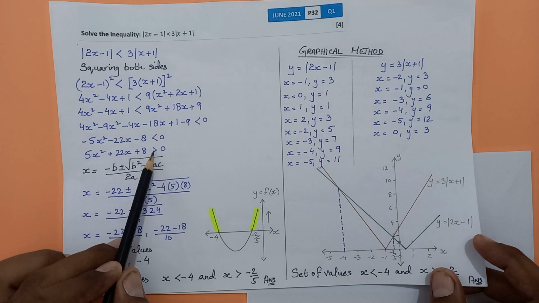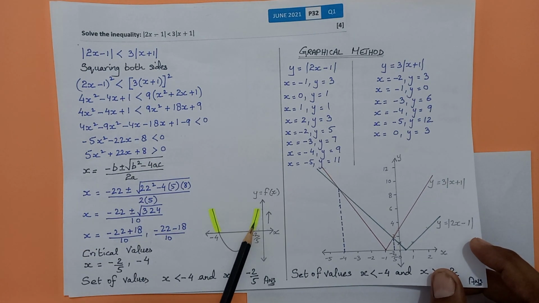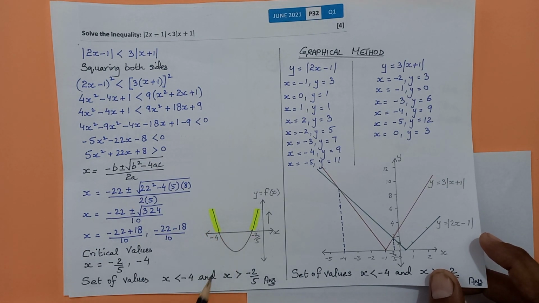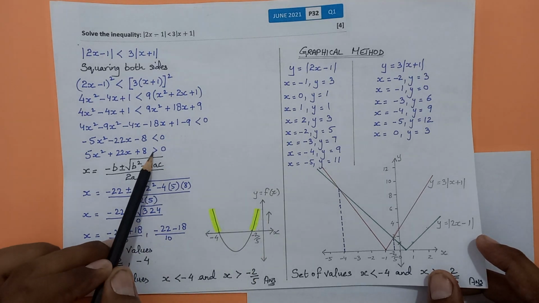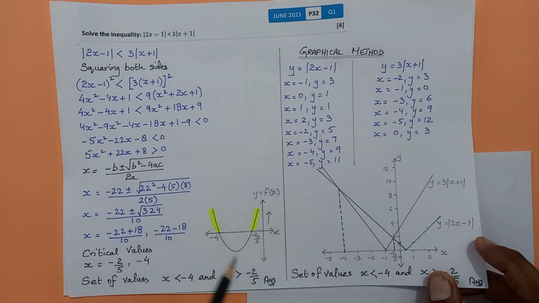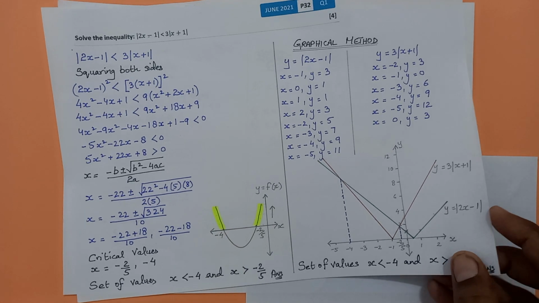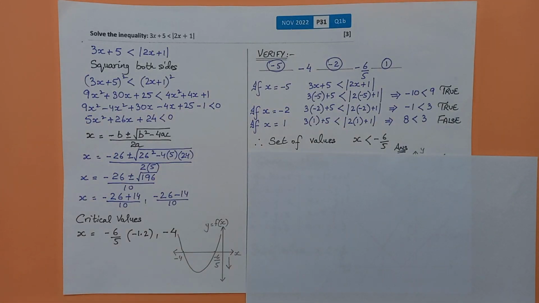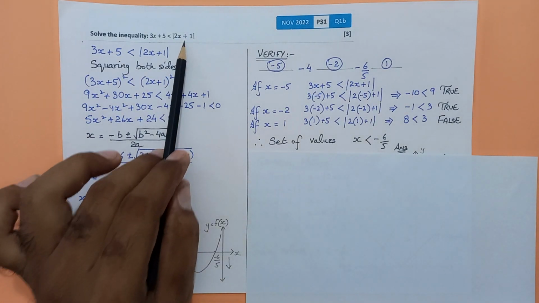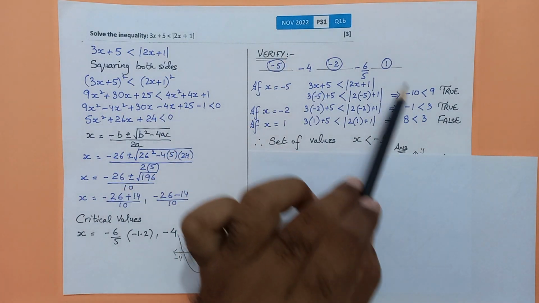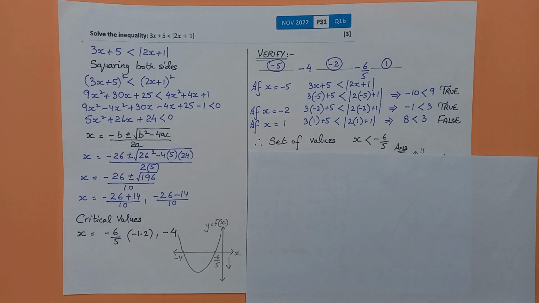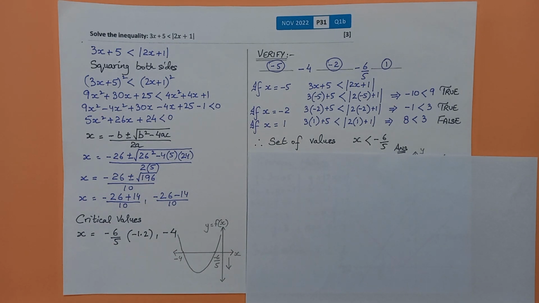Based on this particular inequality, you could easily decide what will be your required set of values. If it is greater than 0, greater than definitely these areas, less than these areas. But for this particular one, when we just have a modulus on one side, definitely we have to go with this extra process so that we could get the exact answer.